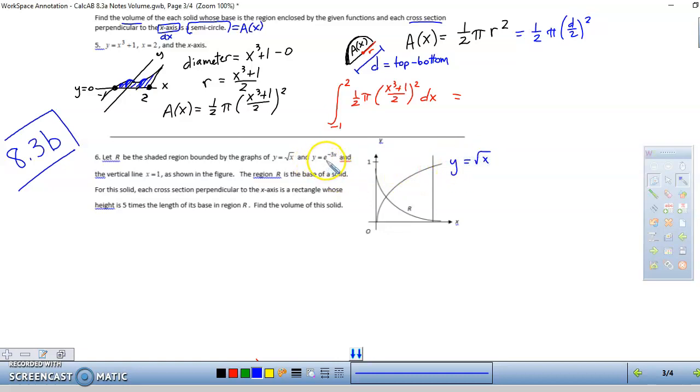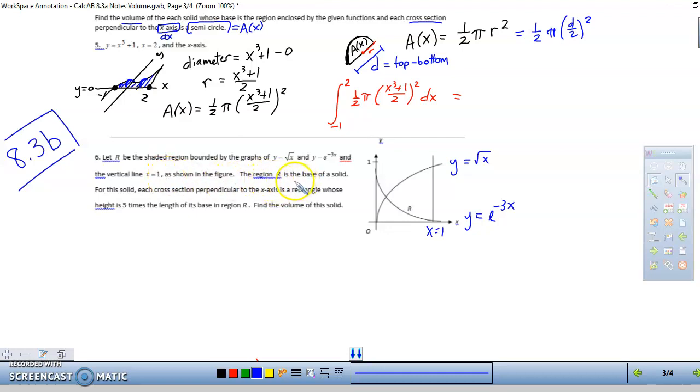And then y equals e to the negative 3x. So again, an exponential, but it has a negative in the exponent, so it's flipped to be decay. And then the vertical line at x equals 1, as shown in the figure.